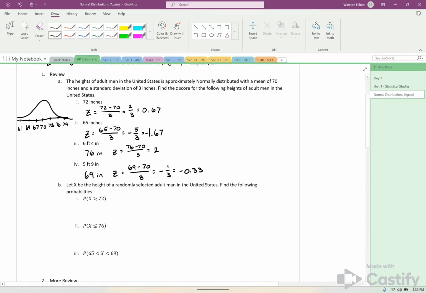So 72, we're going to take that value and convert that to a z-score, which we actually already did above. So this is actually going to be equal to the area to the right of 0.67. The probability that x, the height of a randomly selected adult man, is greater than 72 is going to be the exact same as the probability that your z-score is above 0.67.